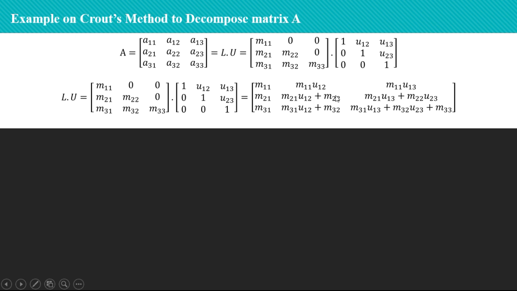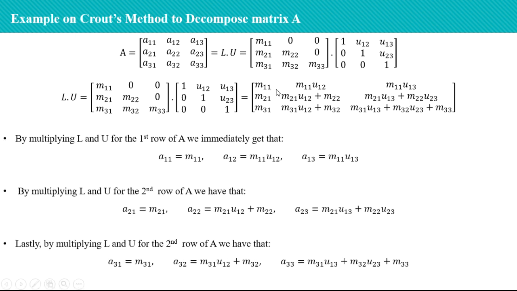So after getting these values, we will compare this resultant matrix with this matrix. So here a11 will be equal to m11, a12 will be equal to m11 u12, and a13 will be equal to m11 u13.